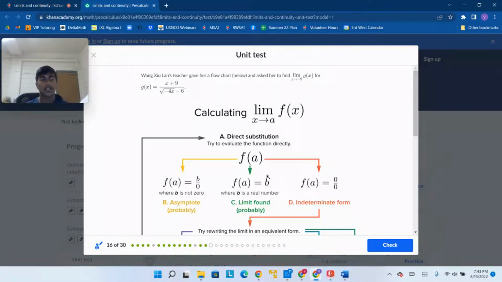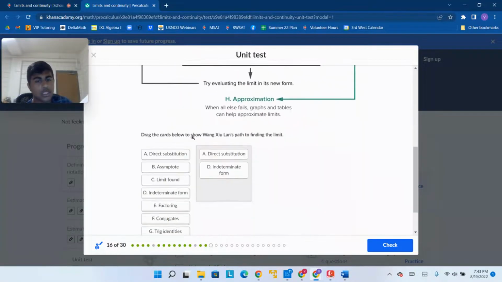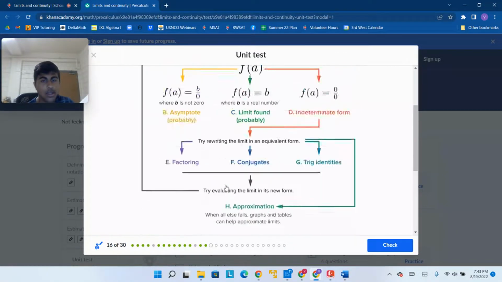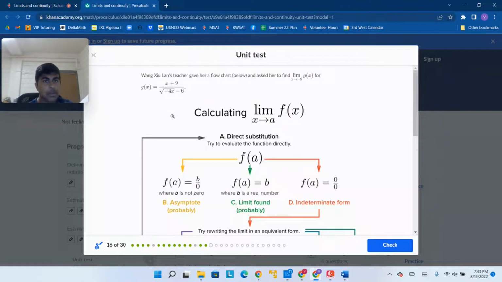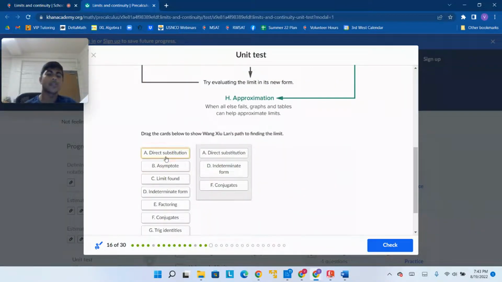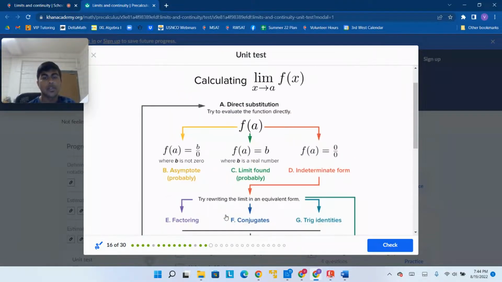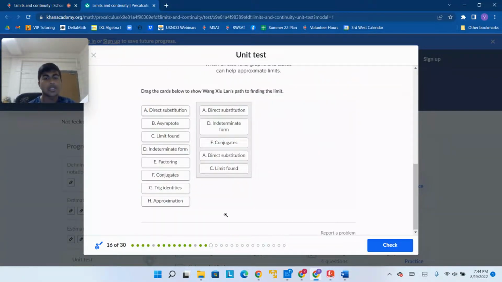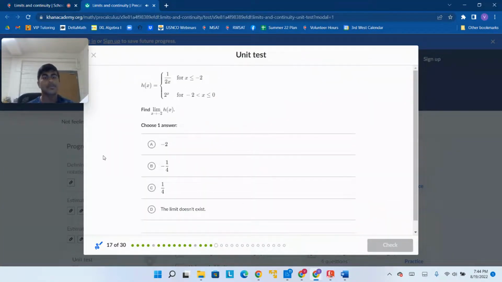That would cancel out and give you -1/4 times the rest, so that would work. Conjugates would work, and that would give you a big mess, but it would be a defined big mess. So it's a good big mess. Then we just do direct substitution, and the limit's found. We can check that, and we can keep going.